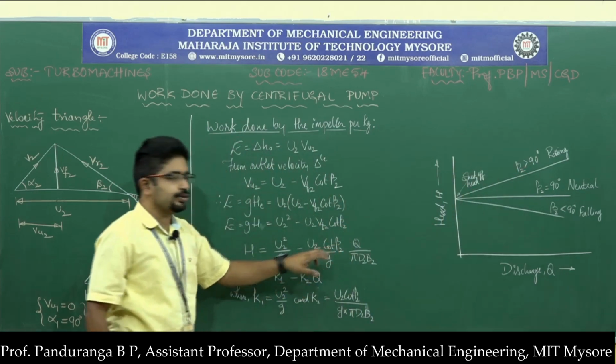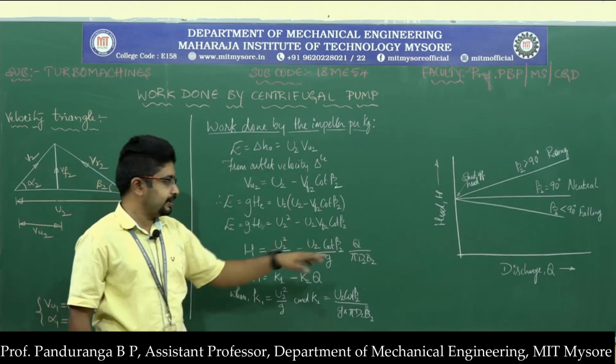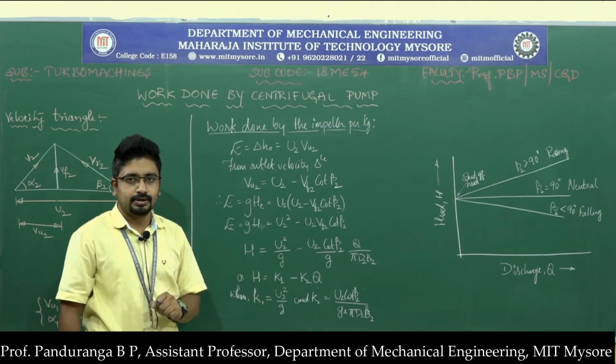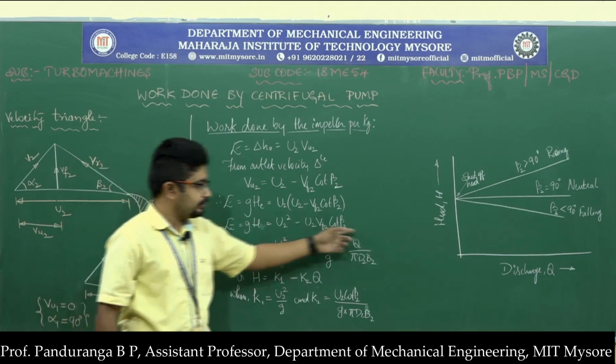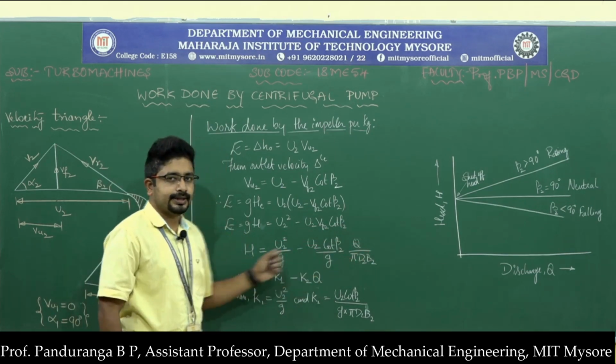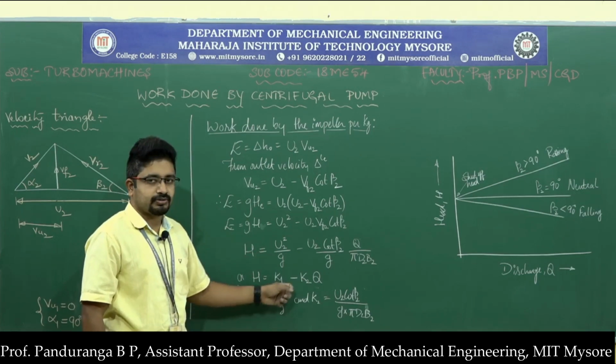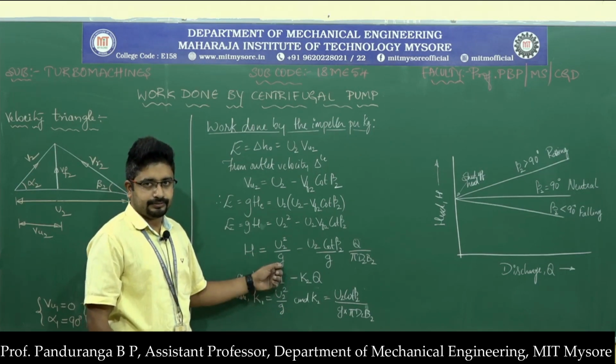If beta 2 is 90 degree, then cot beta 2 will be 0, and because of that, whatever may be the variation of Q, the head remains constant, and that will be equal to U2 square by G or K1.